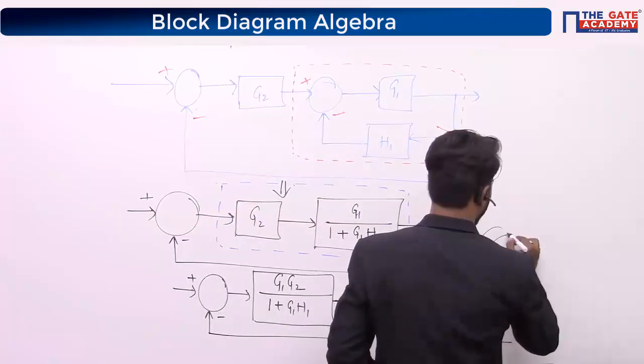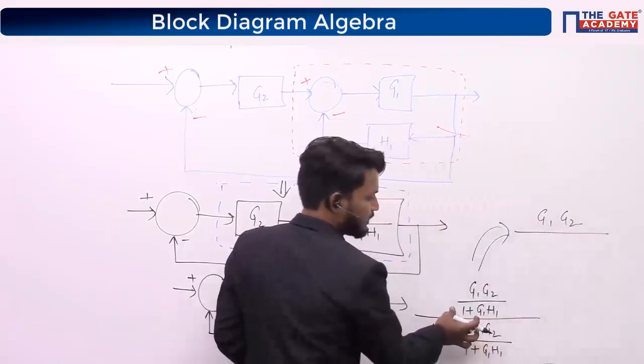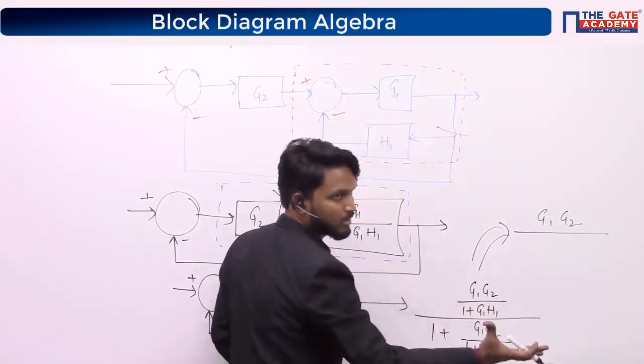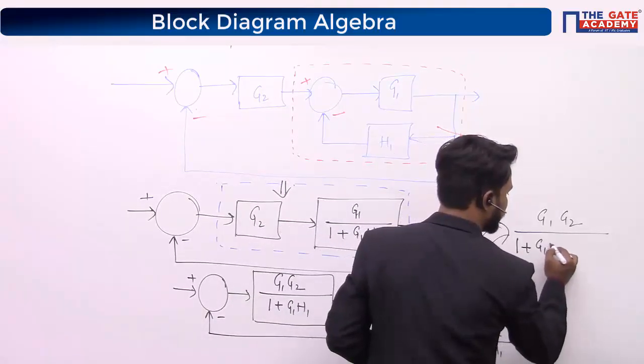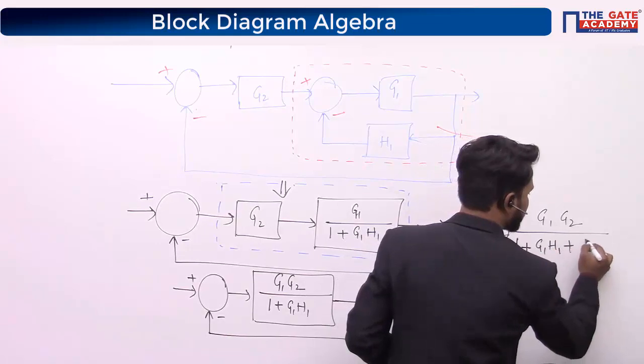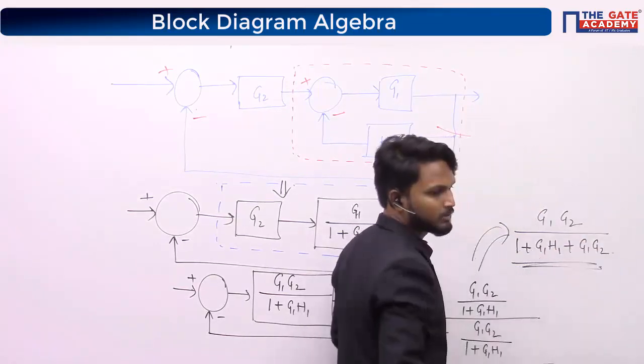Right? This is going to give G1 G2. If I take LCM, the denominators are going to get cancelled. So this is 1 plus G1 H1 plus G1 G2. This is the overall transfer function.